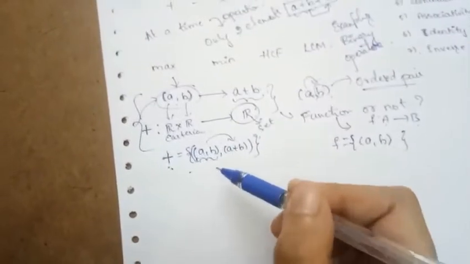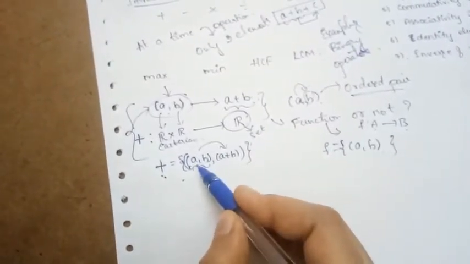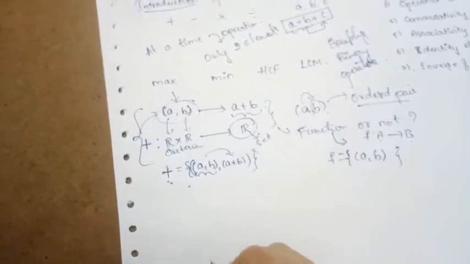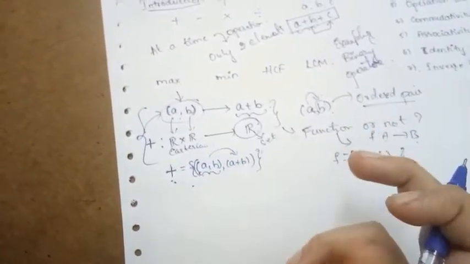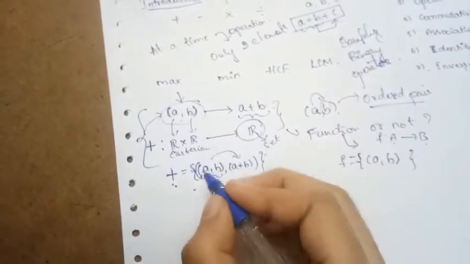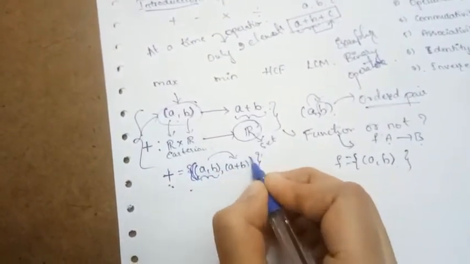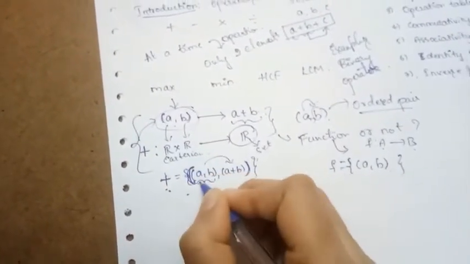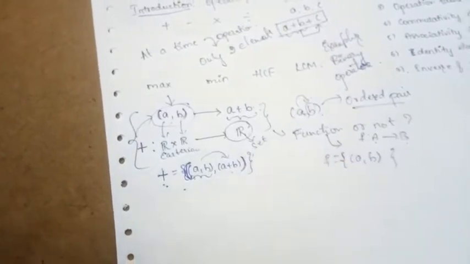Now how can we check whether it is a function or not? As I said in the definition, no two ordered pairs will have the same first element. Here this is one ordered pair, this is the first element, this is the second element.